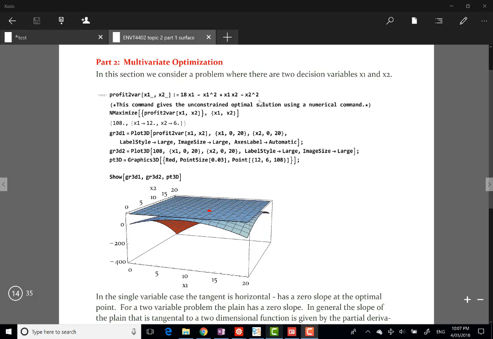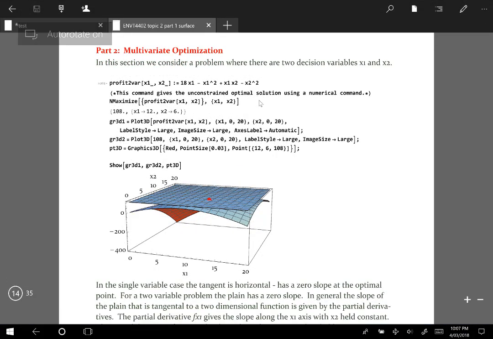So the first step is to use Mathematica to define a two variable function. The function we're going to set up we'll call profit var, and it's got two variables, x1 and x2, and the function has this quadratic form.